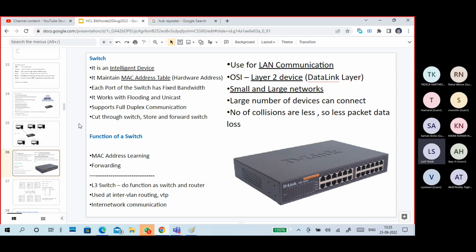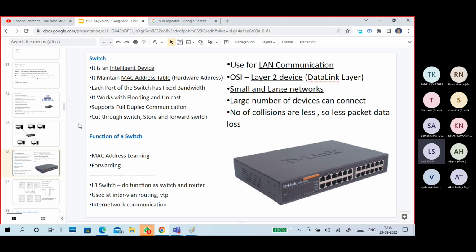Again, hub and switch both are used for LAN communication, guys. Hub and switches are used for a star topology. Hub is a non-intelligent device. Switch is an intelligent device. Switch can understand MAC addresses.